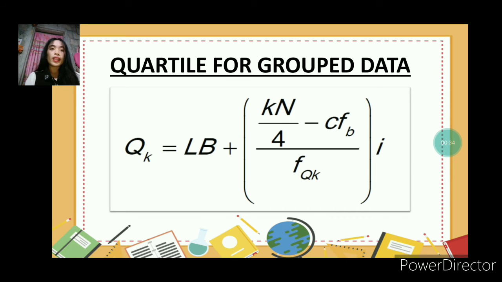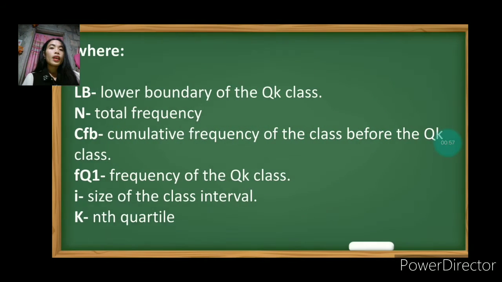So this is our formula for quartile for grouped data. Q sub k is equal to LB plus the quantity kn over 4 minus CF sub b, all over f sub Q sub k, and multiply by i. In which the LB is the lower boundary of the Q sub k class.